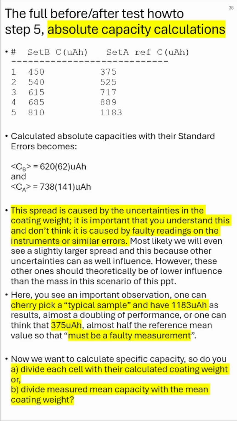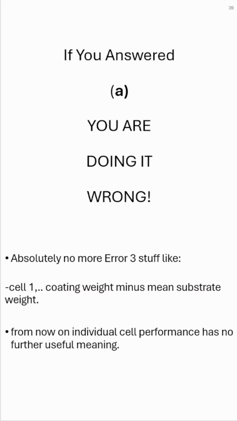Or do we divide the measured mean capacity with the mean coating weight? If you answered A, you are doing it wrong. We should absolutely have no more of that deadly error tree stuff, like that we do cell 1, we take the coating weight minus the mean substrate weight and things like that.